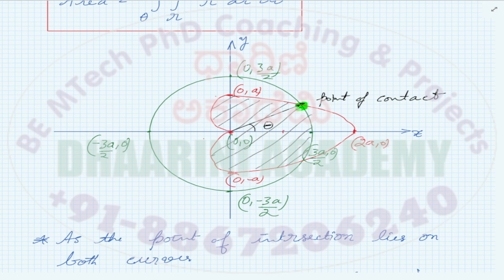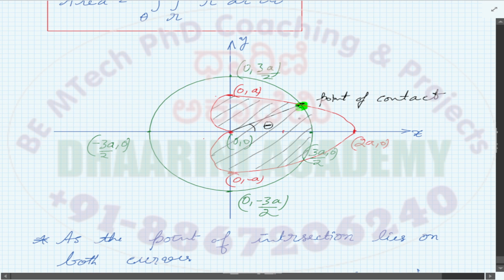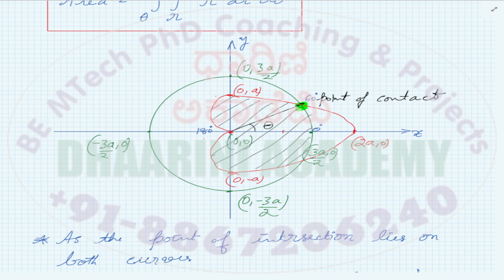So now I understood the range: when theta goes from 0 degrees to 60 degrees, my curve is a circle, r is equal to 3a by 2. But starting from 60 till 180 degrees, the curve will be the other one, that is a into 1 plus cos theta.